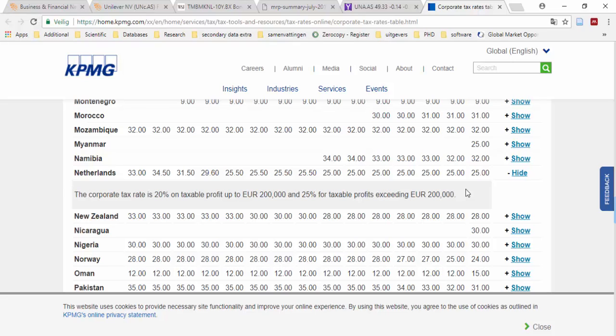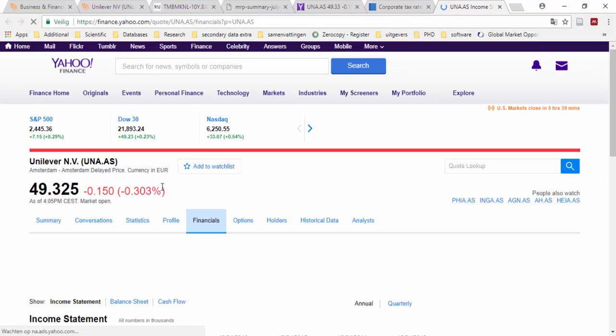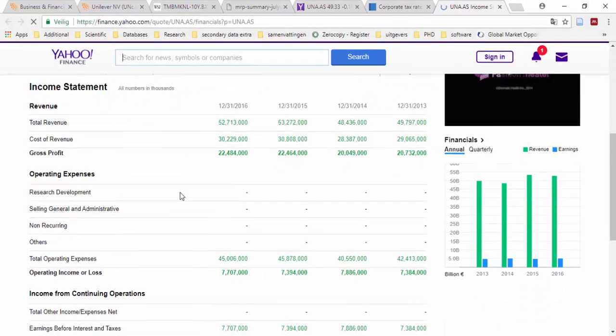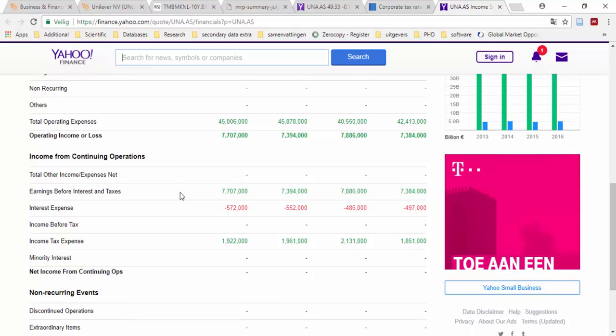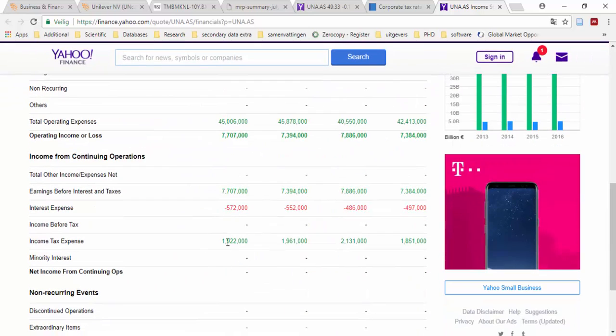So we know that from our calculation we must be somewhere between the 20 and the 25%. Let's see if we can work it out. That's their income tax expense divided by the earnings before interest.